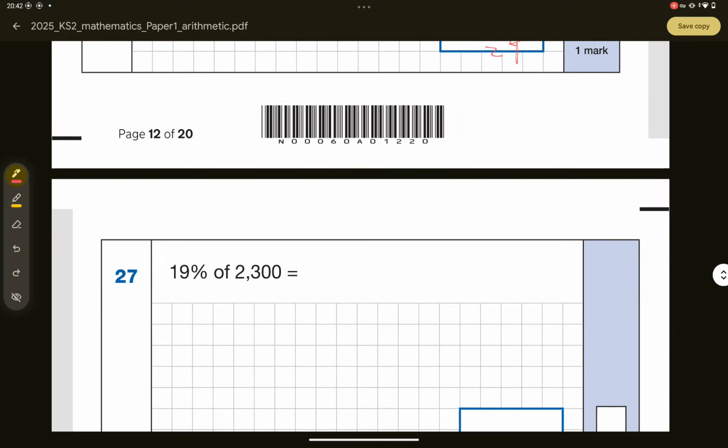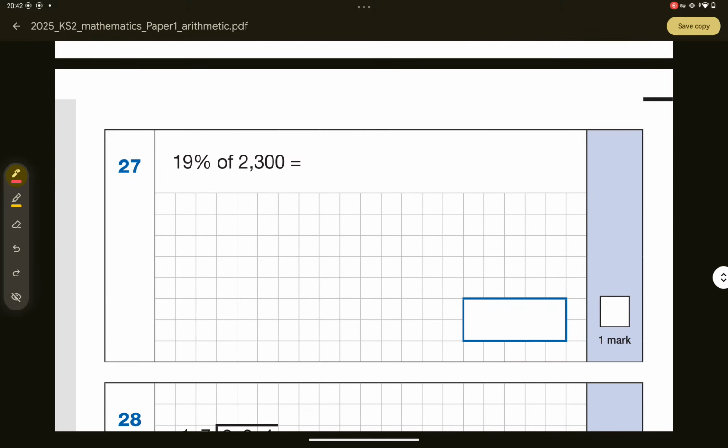19% of 2,300. Find 1% and 20%. 20% being 460 and 1% being 23. Then we subtract them. We subtract 20% by 1%, because 20 minus 1 equals 19.